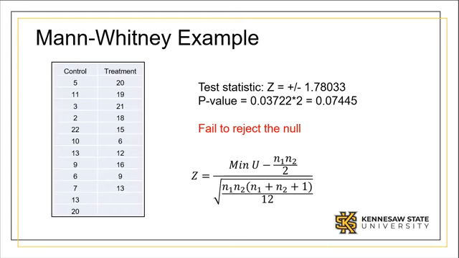Since the alternative is difference, this implies a two-tail scenario. When we find the area in the tail under the normal, we must double this value to get 0.07445 for the p-value. Since the p-value is bigger than 0.05, we fail to reject the null. The medians are the same.